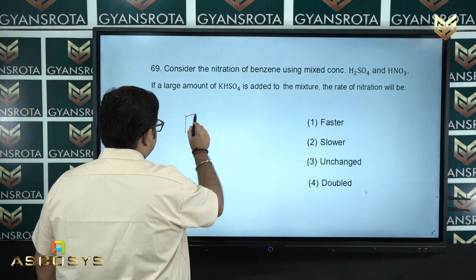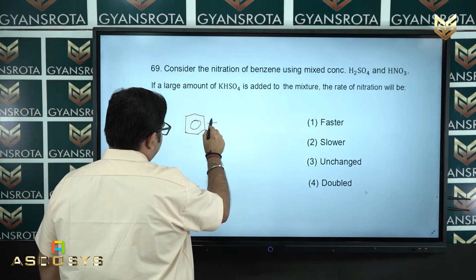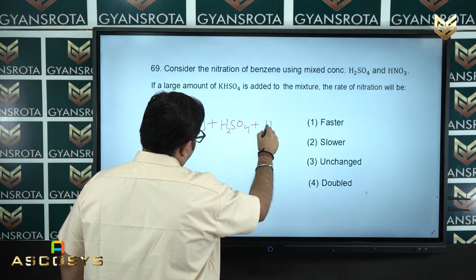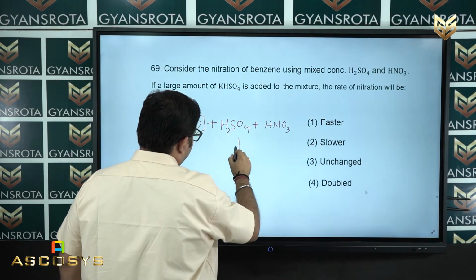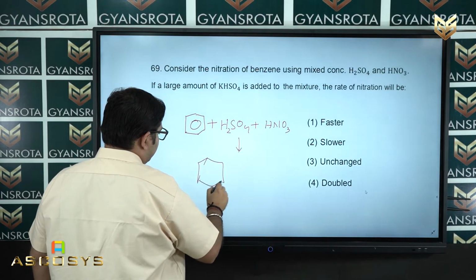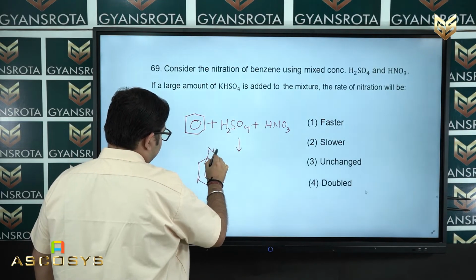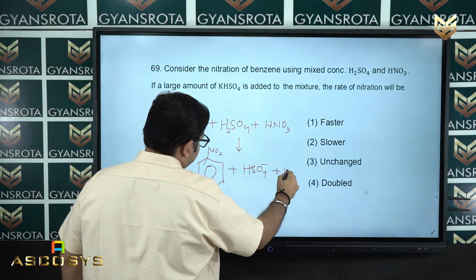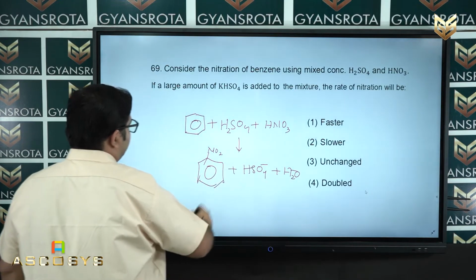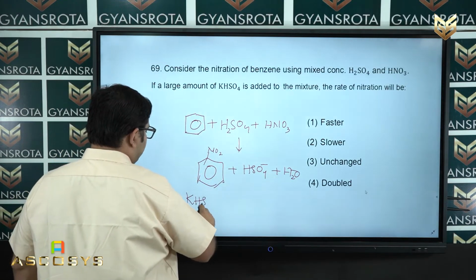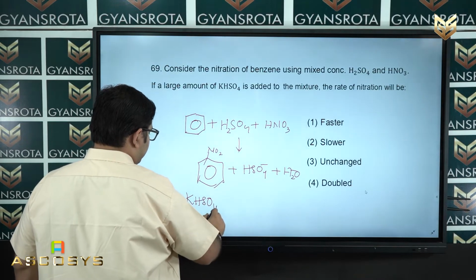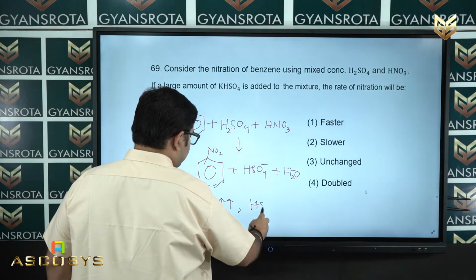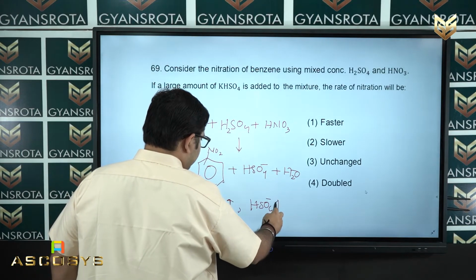So, if you see your benzene, this one, and the nitrating mixture, H2SO4 and HNO3. When it reacts, it will give nitrobenzene plus HSO4 minus plus H2O. Now, what they are saying is, if KHSO4, that is potassium bisulfate, is increased, the amount of HSO4 minus on the product side increases.